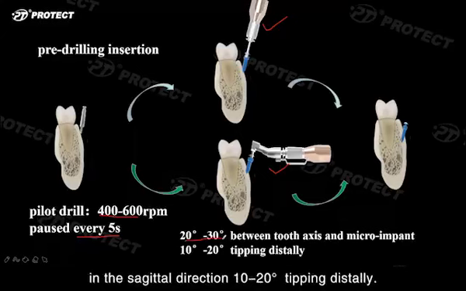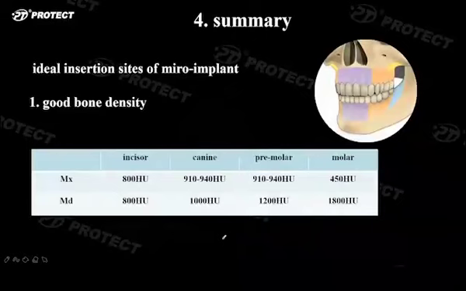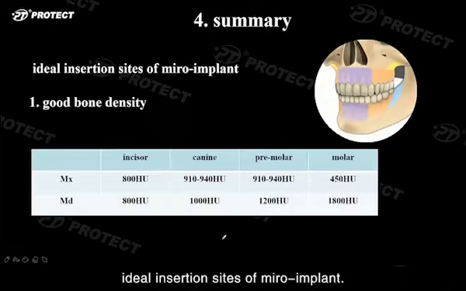In the sagittal direction, 10 to 20 degrees tipping distally. Three representative insertion sites have been explained. Let's see part 4, the ideal insertion site of the micro-implant.